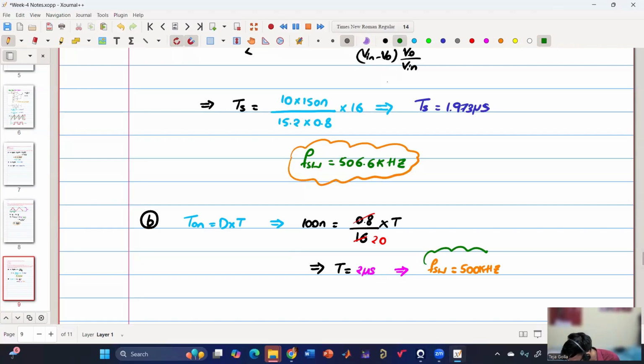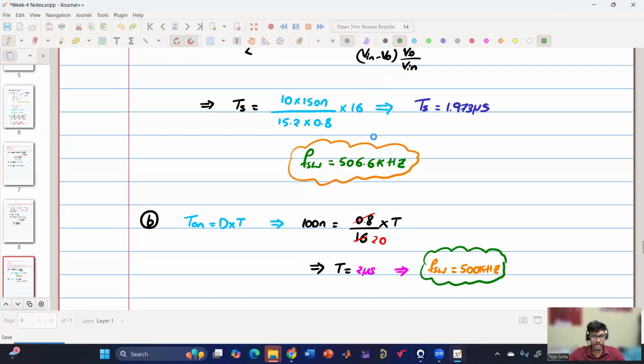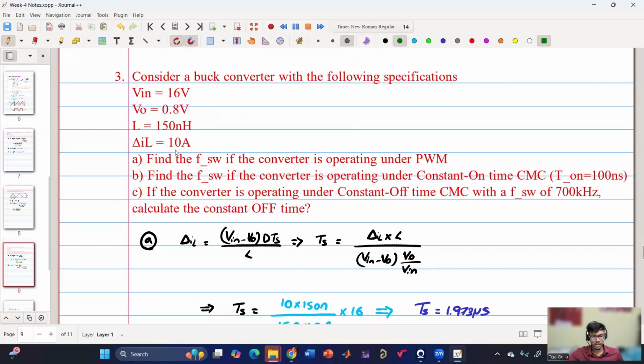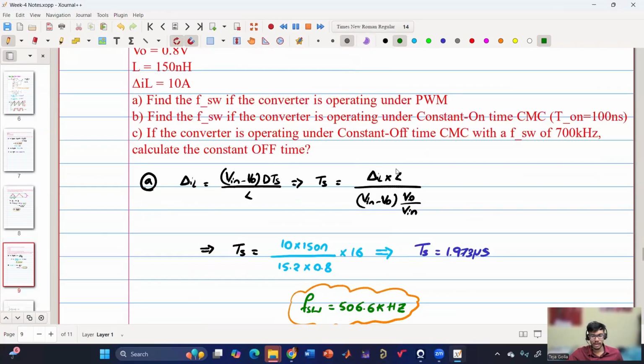Is everyone able to understand how we are getting this? In the first question, it is PWM and we have given the ripple requirements. In the second case, we have given the on-time as 100 nanosecond, and based on that, we are asking what is the switching frequency. Maybe there could be a mistake that for this on-time, this ripple might not be possible.